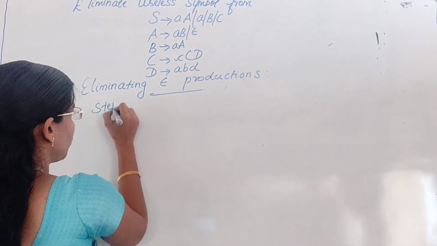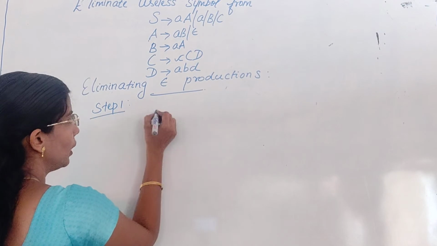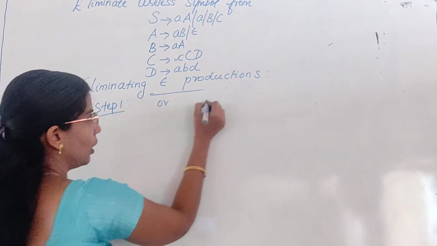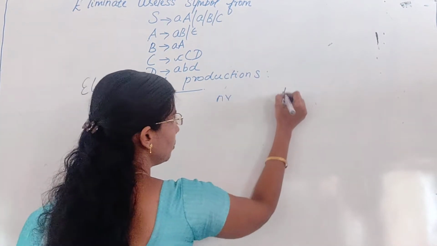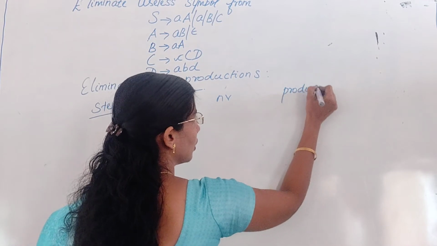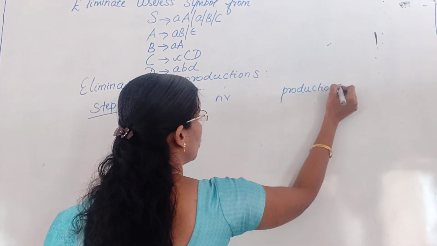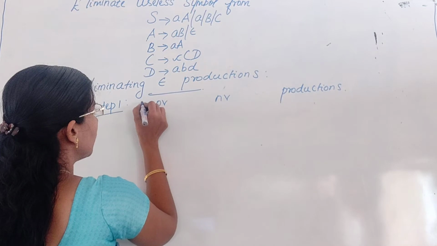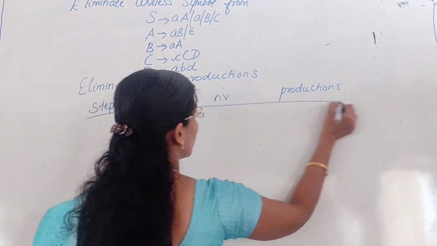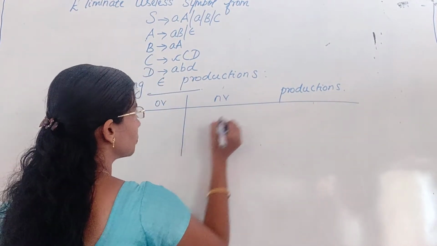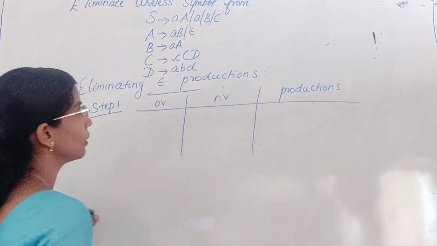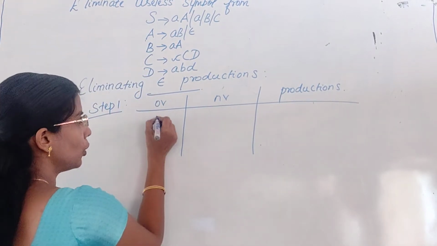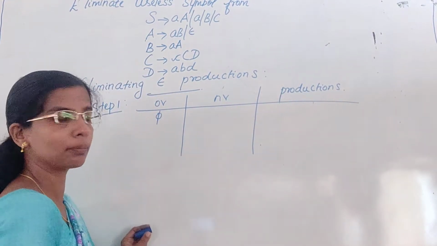This elimination of epsilon productions has 2 steps. The first step is you have a tabular column: old variable, new variable, and productions. Initially your old variable will be empty.